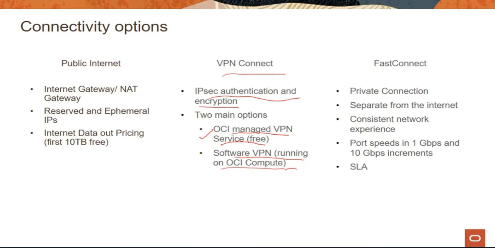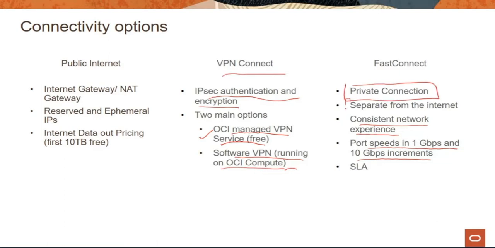The third option we have is Fast Connect. Fast Connect, as the name specifies here, gives you consistent fast network performance, and you can get port speeds of 1 Gbps and 10 Gbps increments. And the whole idea of Fast Connect is it is a private connection.